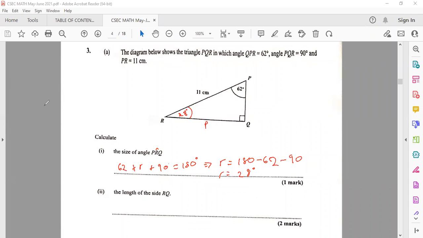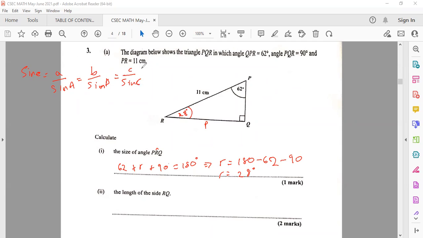We are going to use the sine rule. The sine rule says length A over sine of A is equal to B over sine B is equal to length C over sine C, capital C.